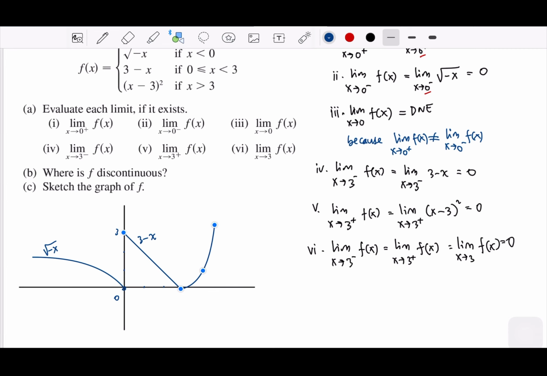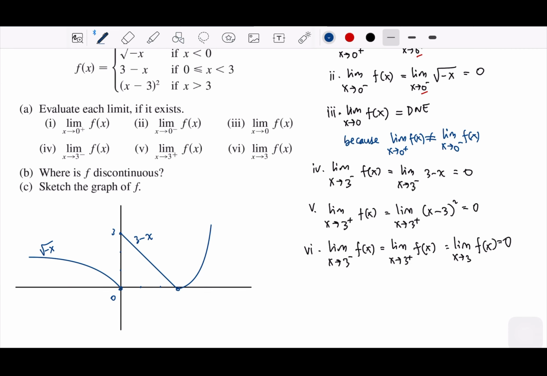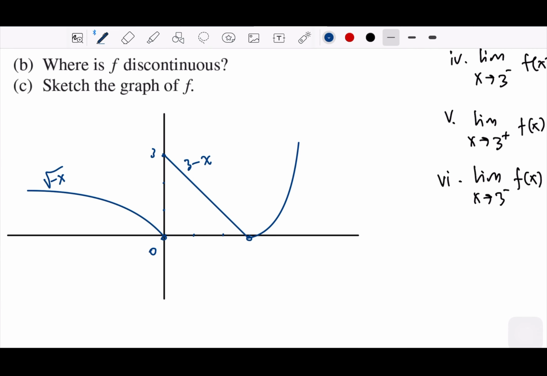Yeah, probably like that. So the function is discontinuous at x equals 0 and x equals 3.